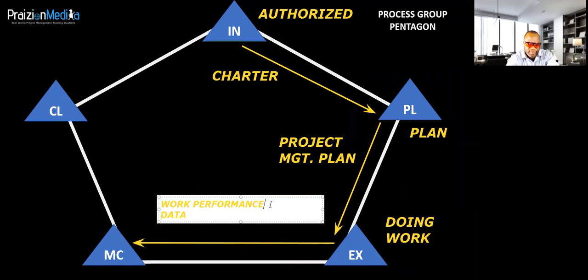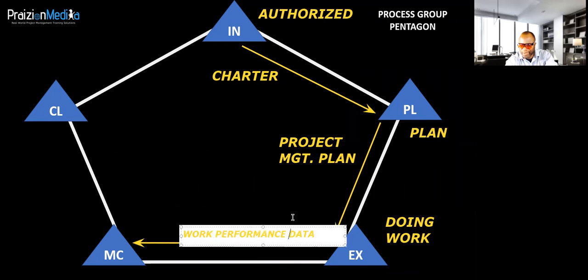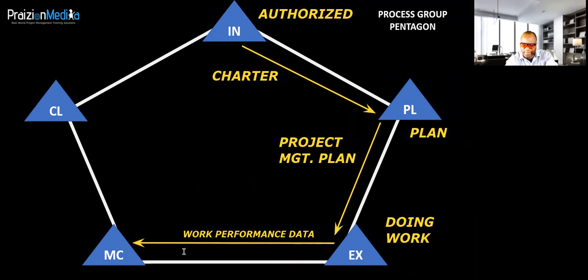Specifically, we get this from a process known as direct and manage project work from executing. But I want you to think about it like this: 2 big things to keep your eye on: work performance data, and the second one is deliverables, okay? Those 2 things will go into monitoring and controlling.